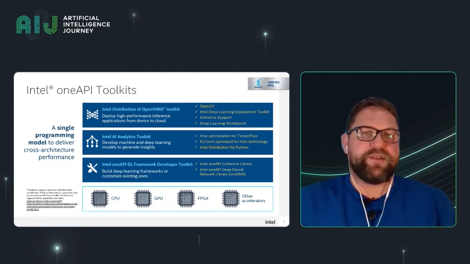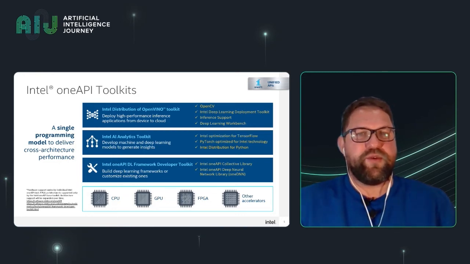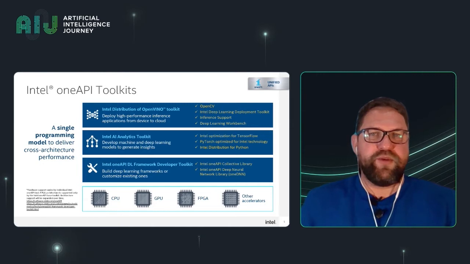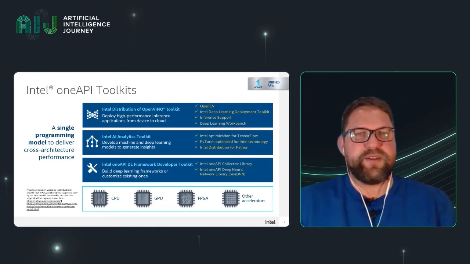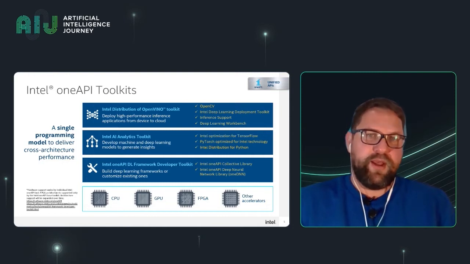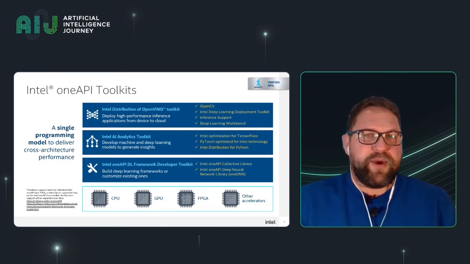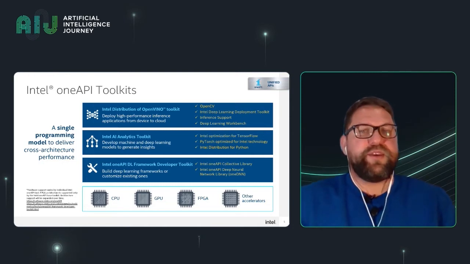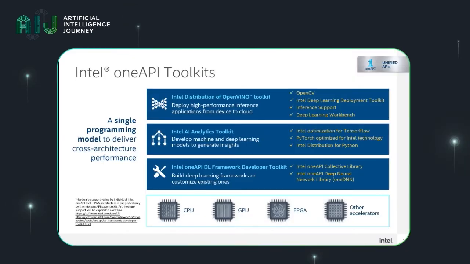This is a joint optimization together with Facebook of PyTorch on Intel platforms, and our favorite Python. Our software teams provide and optimize Python and Python modules. All these components can be used and are used when launching on Intel hardware. They use the low-level layers, oneDNN and the collective communication library.